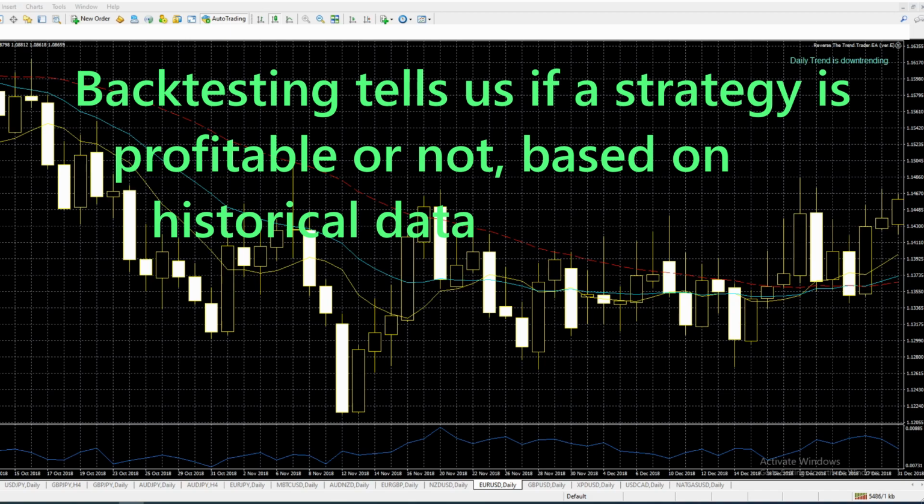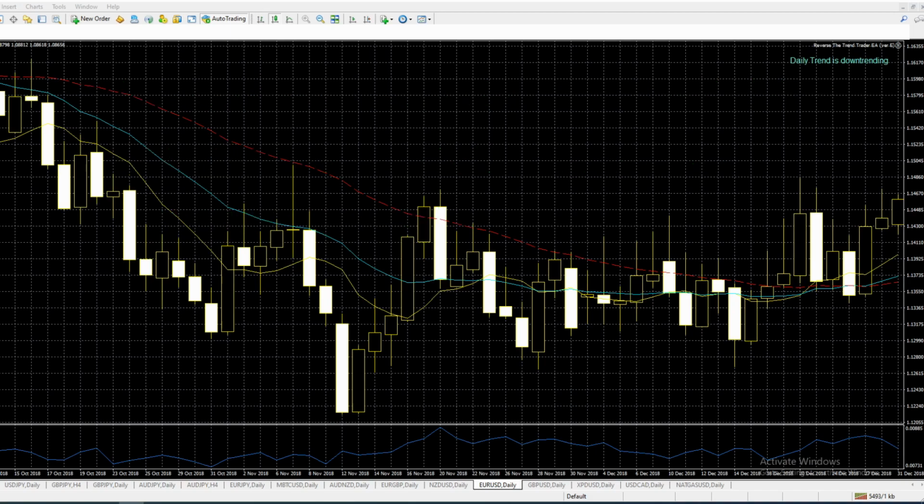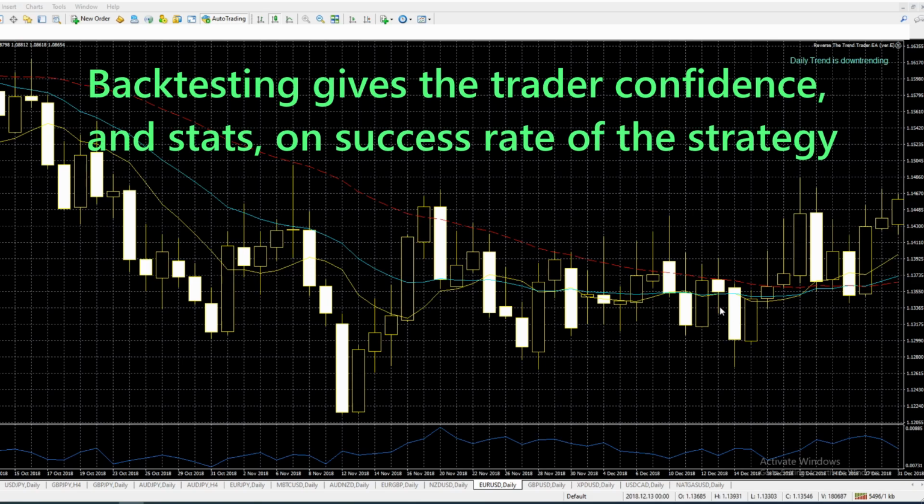So what worked in the past might not work in the future because market conditions are constantly changing. However, it is still very, very important to backtest because it gives you, the trader, some form of confidence and stats about your win percentage for your particular strategy, so that you know whether the strategy is performing as you expected or not.